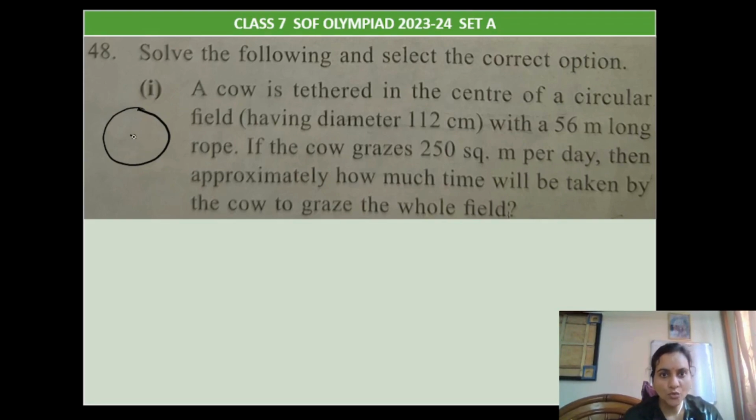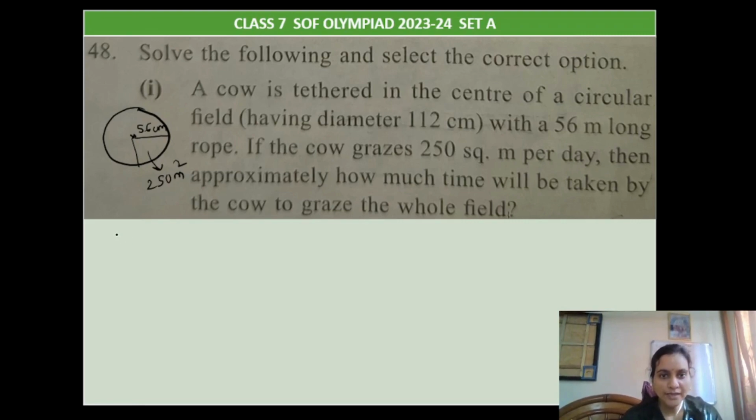So the rope which is used is 56 centimeter long, and if the cow grazes 250 square meter per day, so the cow is able to graze 250 meter square every day. So the question is asking, approximately how much time will be taken by the cow to graze the whole field. So first we need to find the entire area of this particular field and then divide it by 250 to understand approximately how much time it is taking.